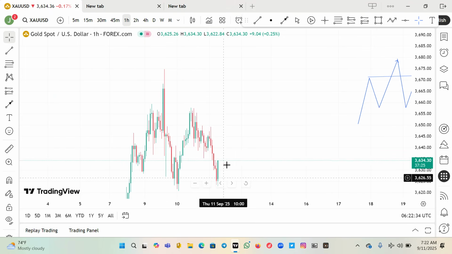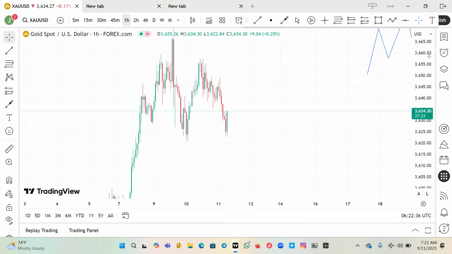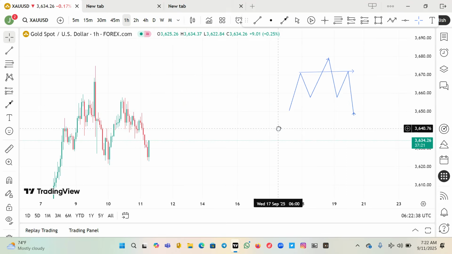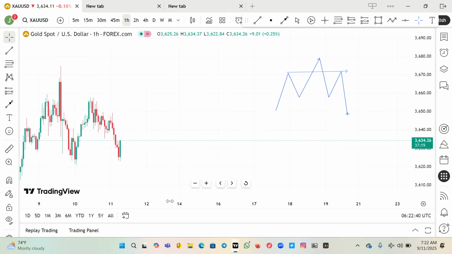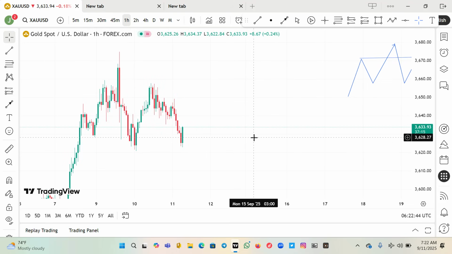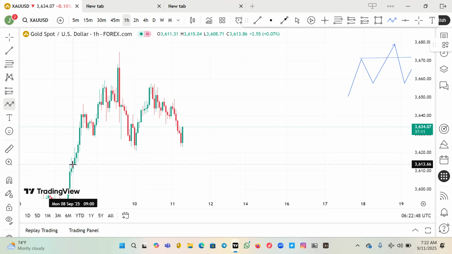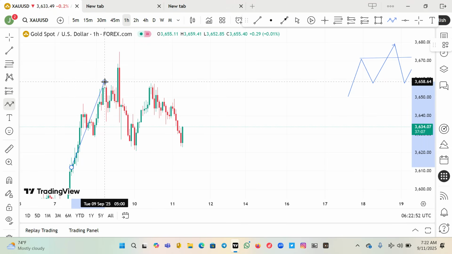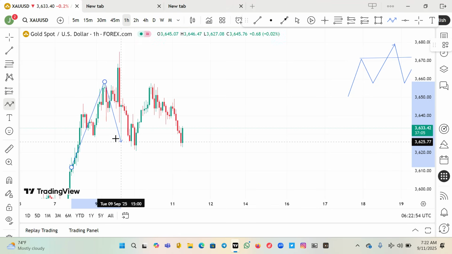I want to show you this same pattern, which I call the head and shoulder, on XAUUSD. You're going to see it right now. We all know that XAUUSD has got to its all-time high. Now, how do we trade this XAUUSD? If you look at this market now, the market did something like this. Look, it did this. It then did this.